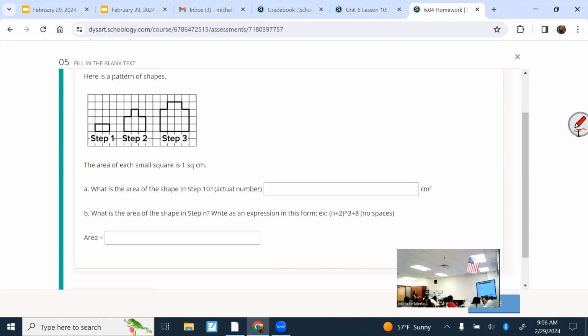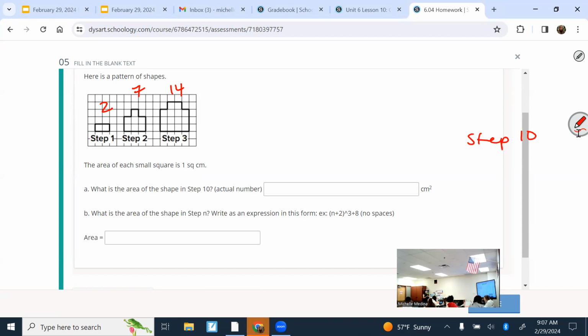So if each square is 1 square centimeter, that means my area for step 1 is 2. My area for step 2 is 7. My area for step 3 is 14. And we're wanting to get all the way to step 10.